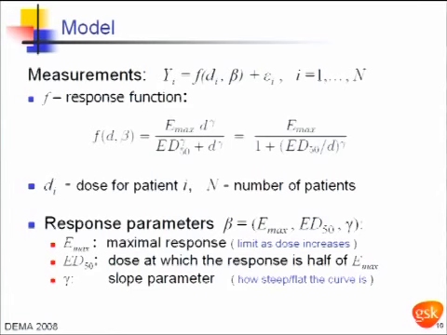Usually there is a 4th parameter, which is the response at minimal dose. But here it's expected that minimal response will be 0, so we don't have the 4th parameter. The response parameters are Emax, which is the maximal response or limit as dose increases. ED50 is a dose at which the response is half of Emax. And finally, gamma is a slope parameter, and it tells you how steep or flat the curve is.